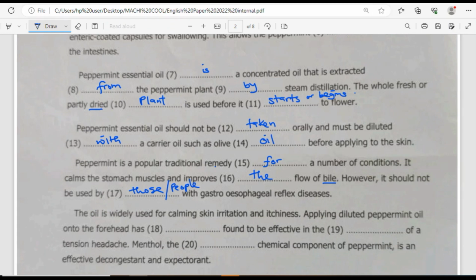The oil is widely used for calming skin irritation and itchiness.